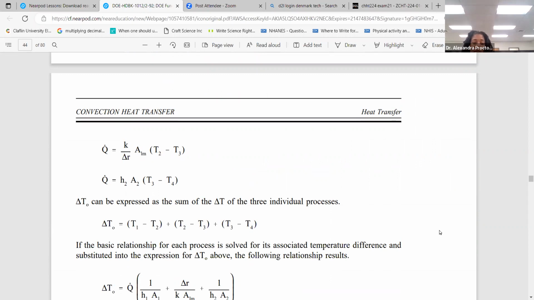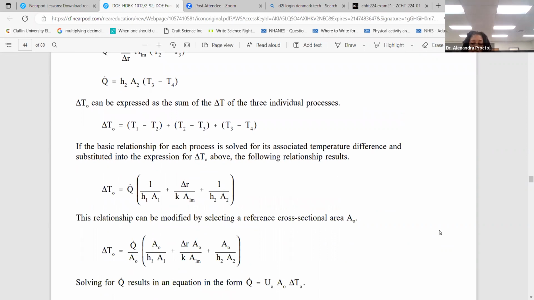And then Q is equal to H2A2 times T3 minus T4. And delta T can be expressed as a sum of delta T of the three individual processes. So delta T is T1 minus T2 plus T2 minus T3 plus T3 minus T4.